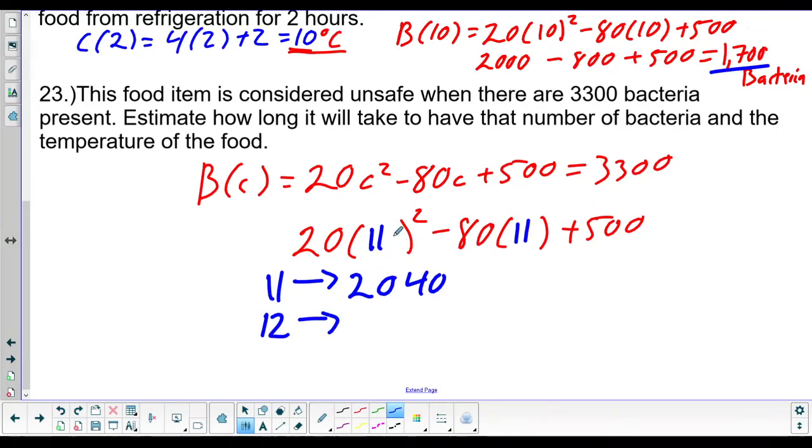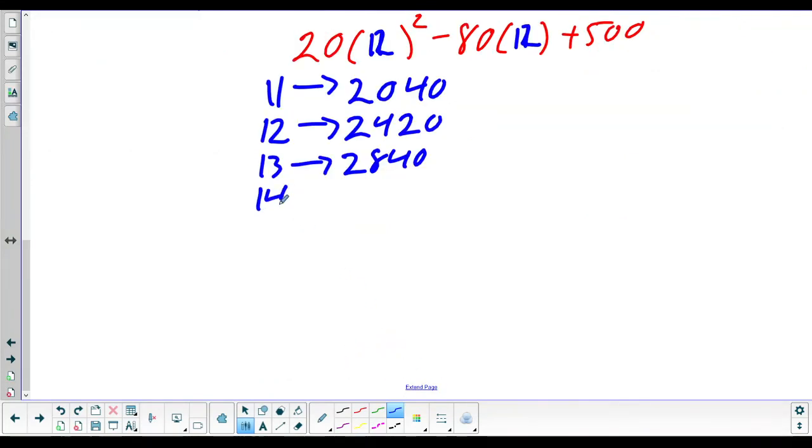I plugged in 12 here and I got 2,420. Then I tried 13. I got 2,840. And then I plugged in 14, and I got exactly 3,300.